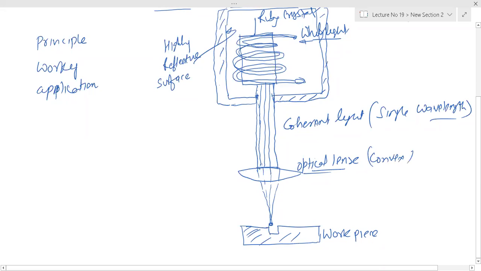Light bends when it goes from a lighter medium to a denser medium, right? So it focuses at this place, at the focus. By changing the lens position you can change the spot, and now you have understood it is basically light, that is coherent light, and it has energy.